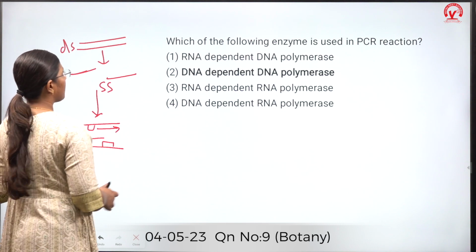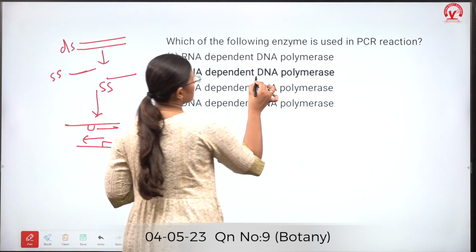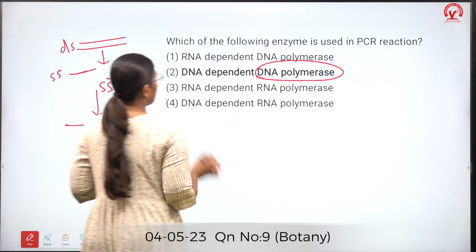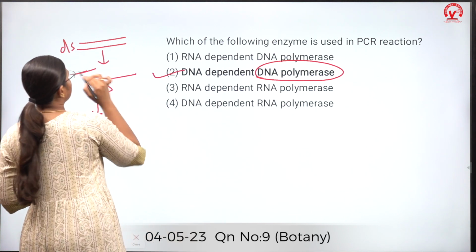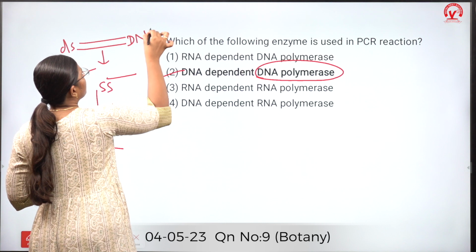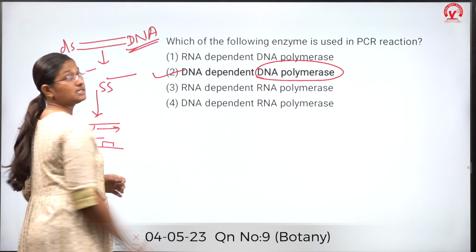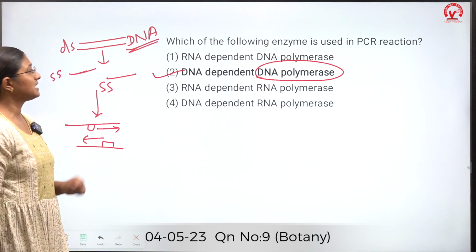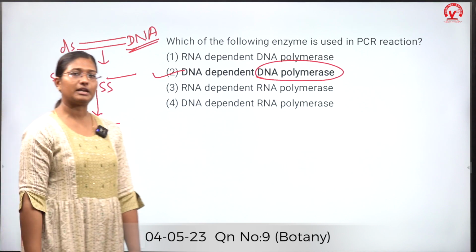So here the DNA polymerase is used, and that is DNA dependent, since the product which is amplified here is DNA. So the polymerase is DNA dependent DNA polymerase.